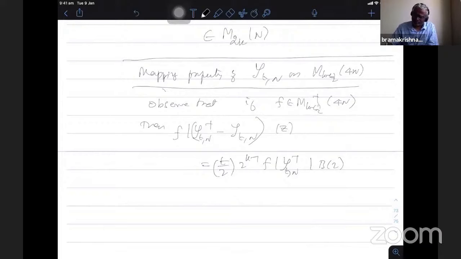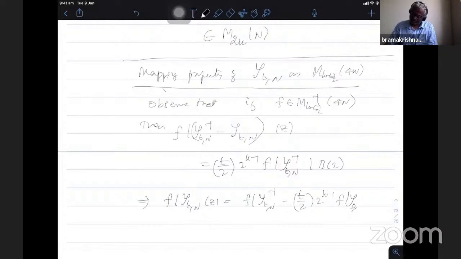From that one can show that if f is in the plus space, if I apply the Shimura map, the image is f bar S_{t,n}(z) is nothing but f bar S_{t,n}^+ minus (1/2^{k-1}) f bar S_{t,n}^+ bar B(2).